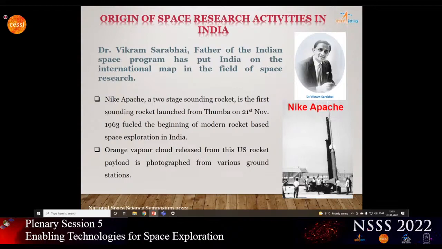As already discussed, it all started with the Nike Apache experiment, the first sounding rocket mission, done at Thumba in November 1963. The payload used here was the sodium vapor trail experiment, which we successfully did. It was a US based payload, and all the photographs were visualized.